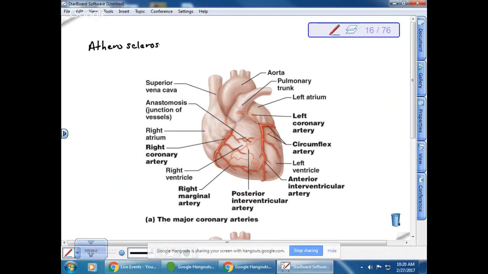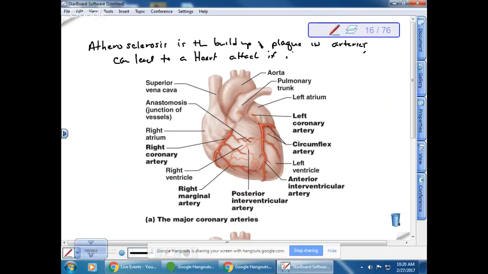Atherosclerosis is the buildup of plaque in arteries, and it can lead to a heart attack if it occurs in coronary arteries.